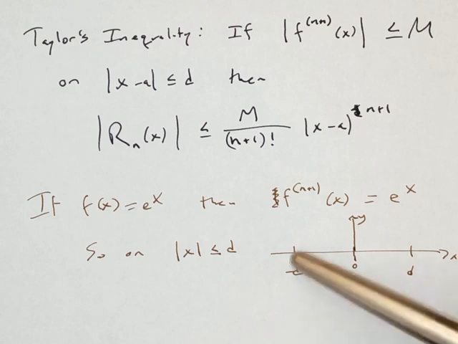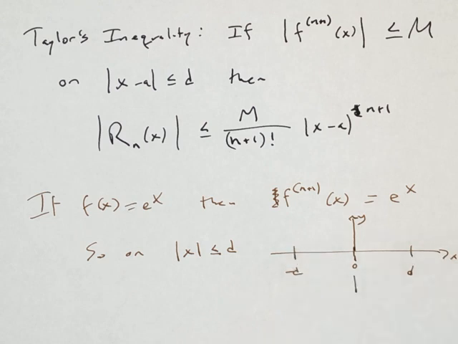Between here and here, what's the graph of e to the x look like? Because the right side is up, the left side is down.